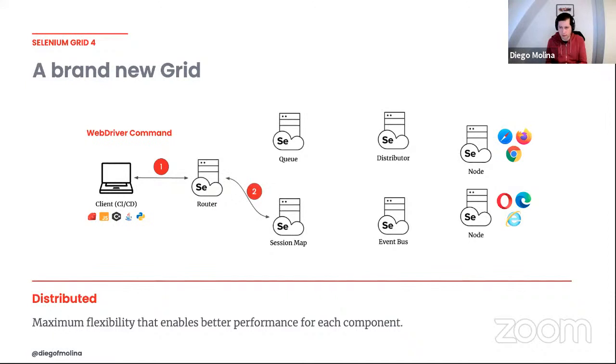So it will ask the session map, where is this session running? The session map will return the node ID, and therefore the router will redirect the request right away to the node. And with that, we're avoiding touching many, many other components in the grid. And with this, it's making the grid a bit smarter, and the routing is much better than before.